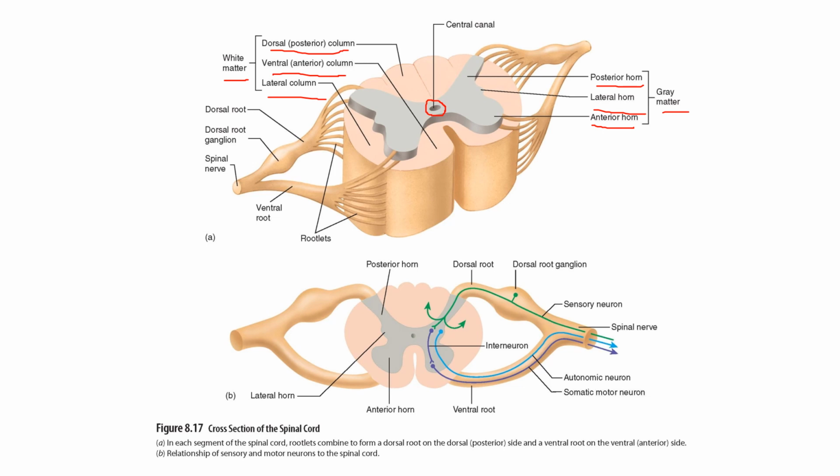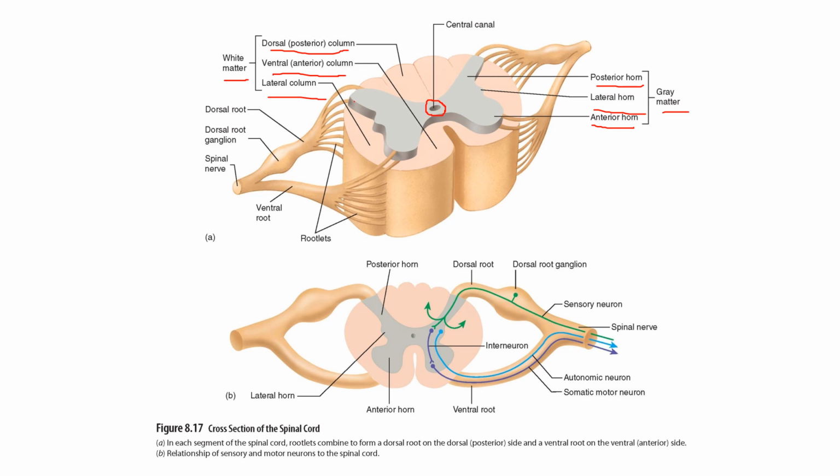At the sides, you will see the dorsal root. From the body of your cord, you will see first your rootlets, and then a dorsal root. You have a dorsal root ganglion, and then a ventral root, and of course the spinal nerve corresponding to it.